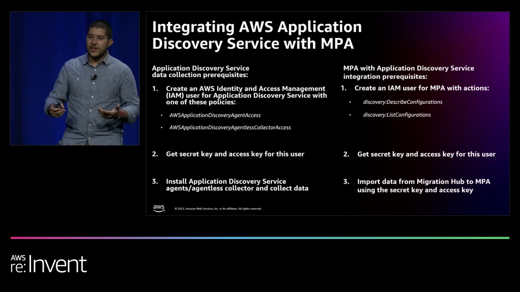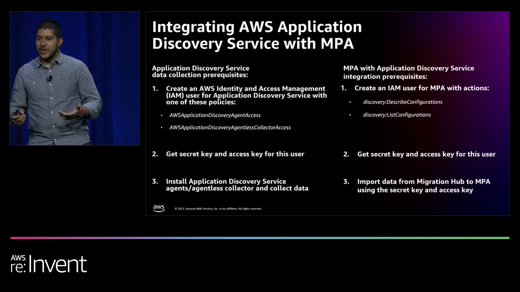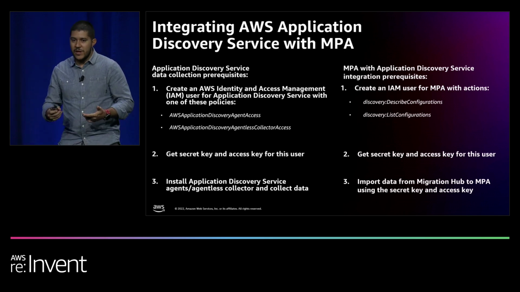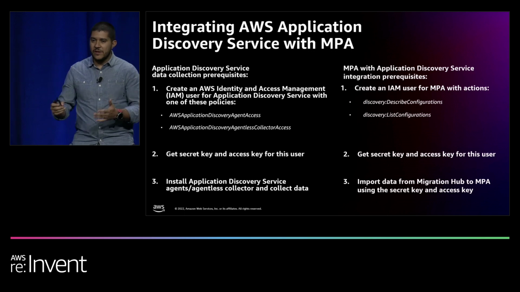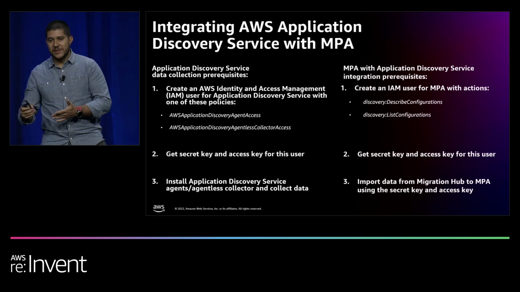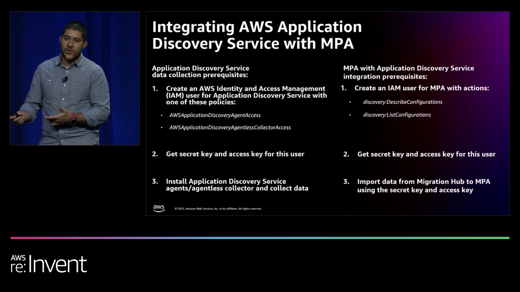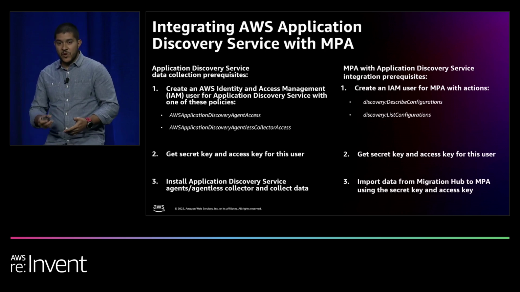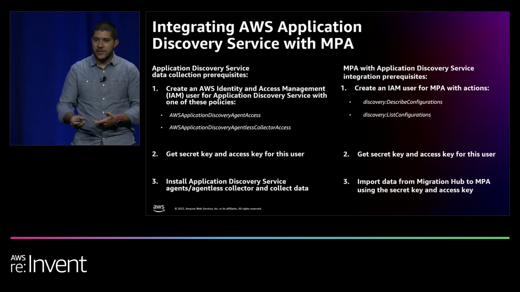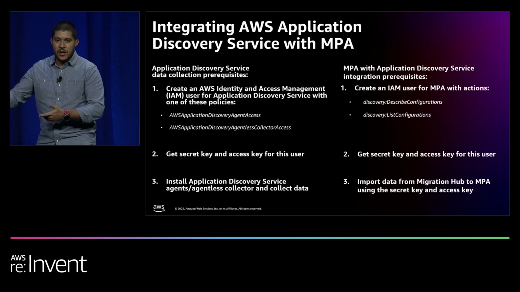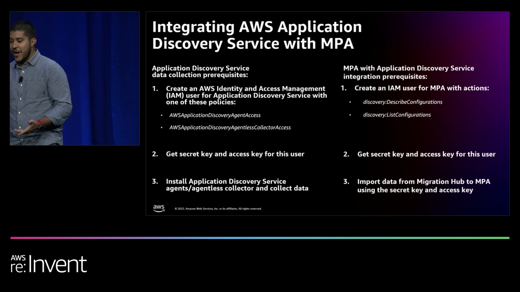And why we need to create another user? The least privilege concept. So we need to keep only the privileges that we need to perform the actions. We need to get also the access key and secret key for this, and then import the data, just like we are going to show you now.